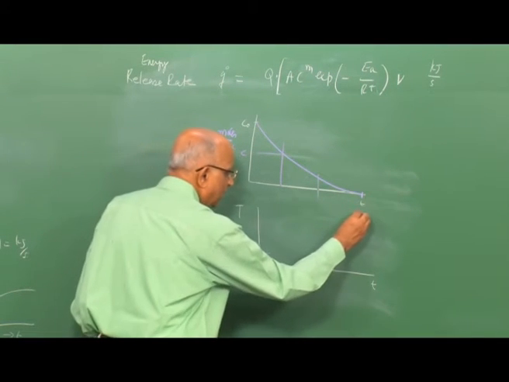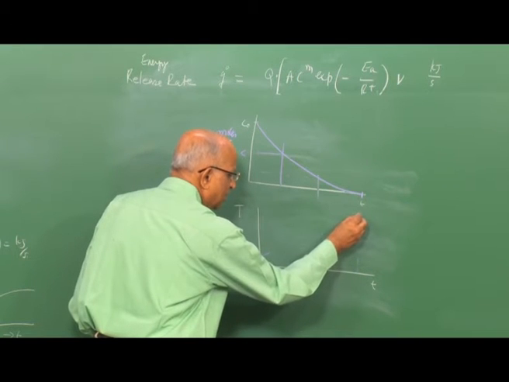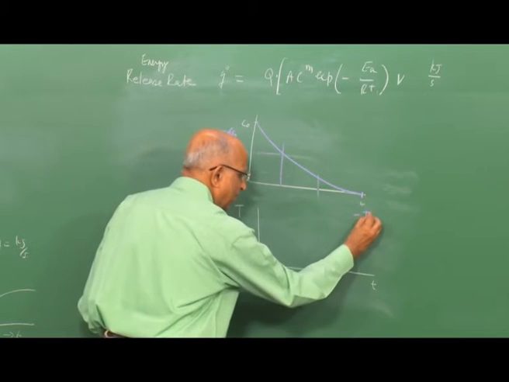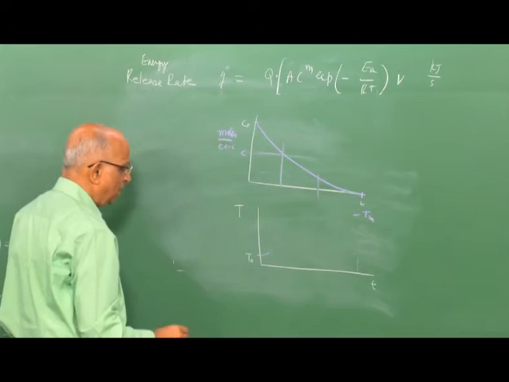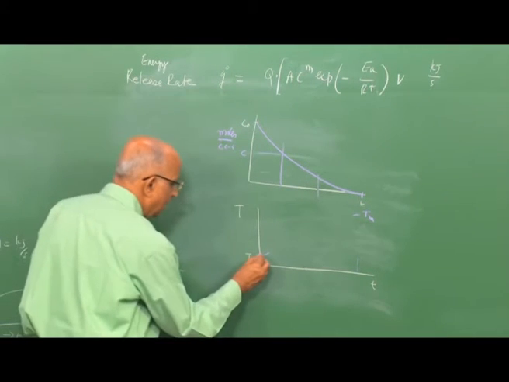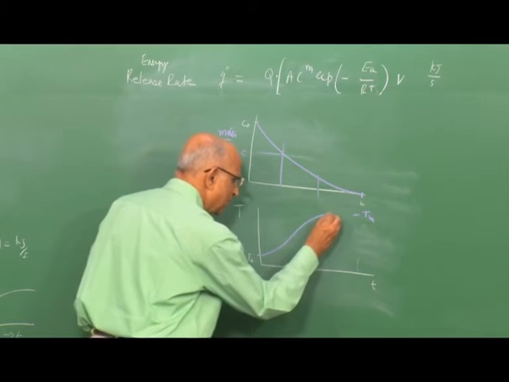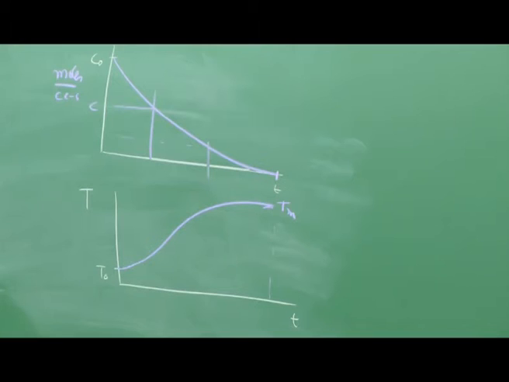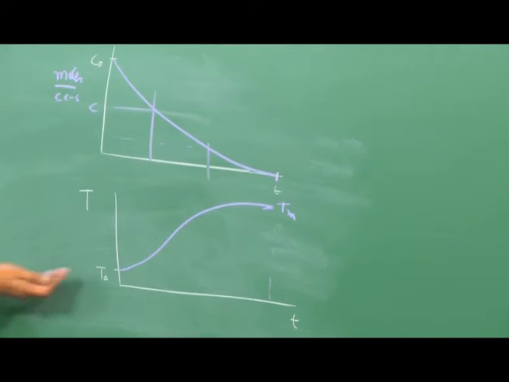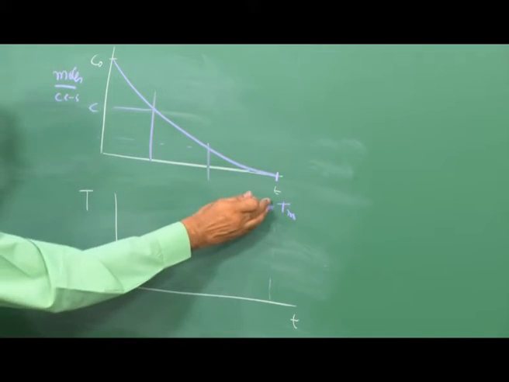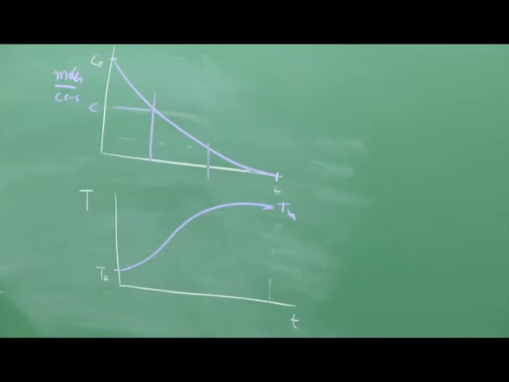Maybe when the chemical reaction gets over, the temperature reaches a maximum value, let us say Tm. To begin with, it is T0, and then it will go like this and reach a maximum. Perhaps this is the way it should proceed according to what we think, because initially something gets started and it reaches a maximum value over here.